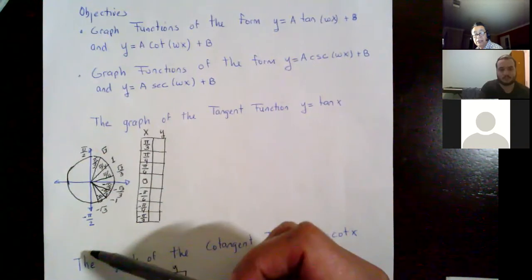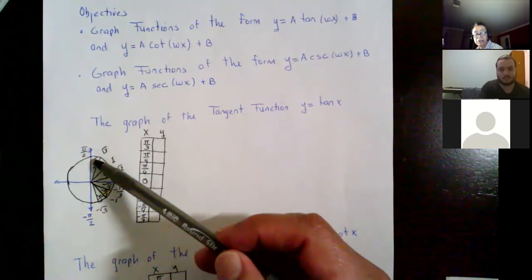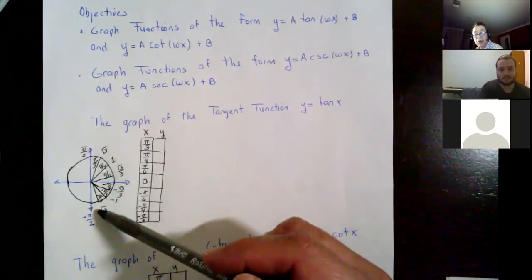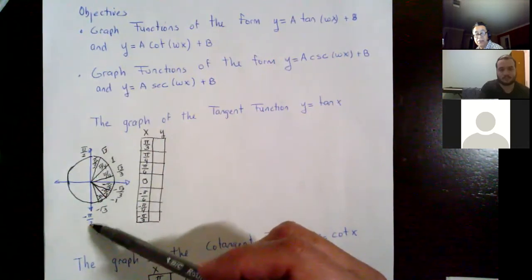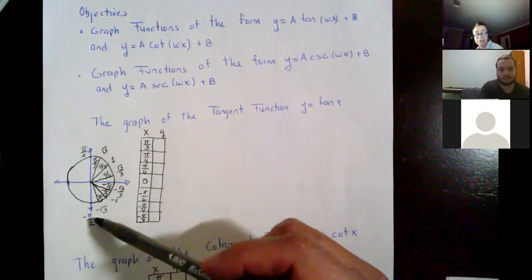The domain is all values except the odd multiples of pi over 2. So the tangent does not exist at pi over 2 or at 3 pi over 2, which is the same as negative pi over 2, by the way. 3 pi over 2 is the same as negative pi over 2.